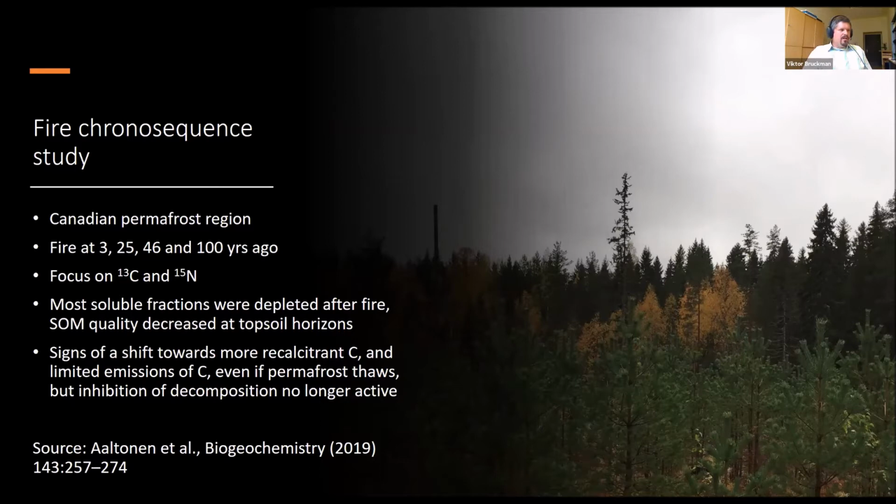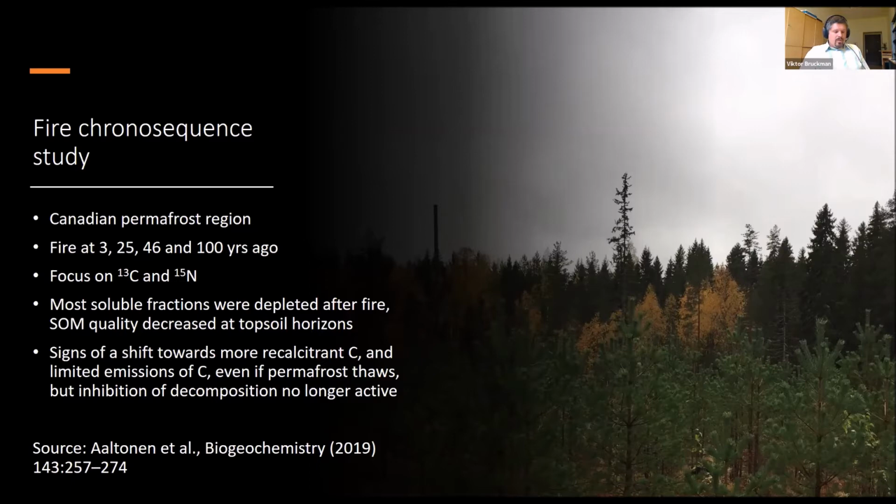We were looking specifically at 13C and 15N, so the isotopes were very helpful. The wildfire advances thawing of permafrost by burning the insulating organic layer and decreasing surface albedo. This was one of the key findings.